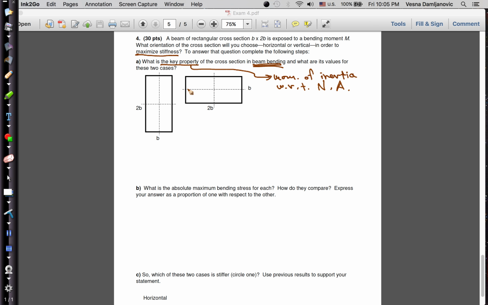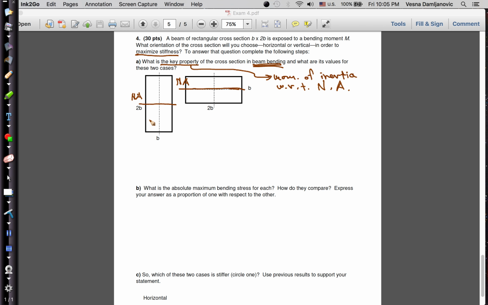So when we look at the horizontal and the vertical one, I'm going to highlight the neutral axis. This is the neutral axis, and that's the neutral axis, okay? And this is the neutral axis. Along this neutral axis the material is distributed along it, and here most of the material is distributed perpendicular to it.